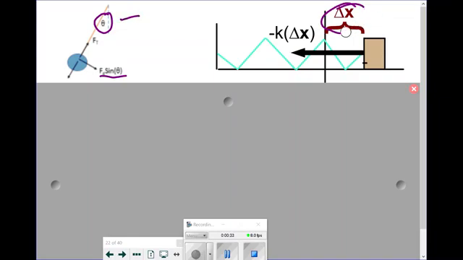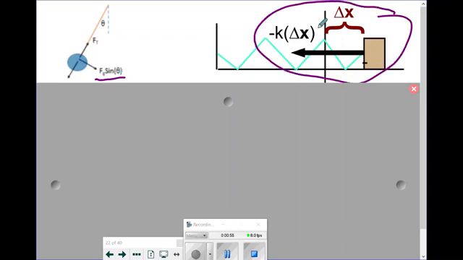K is a spring constant, which means it doesn't change. It's a constant. Fg is the force of gravity, and so for this mass on this planet is also a constant. So we do see some commonalities between the equation for the force tangent on a pendulum and the force of a spring on a simple harmonic oscillator.